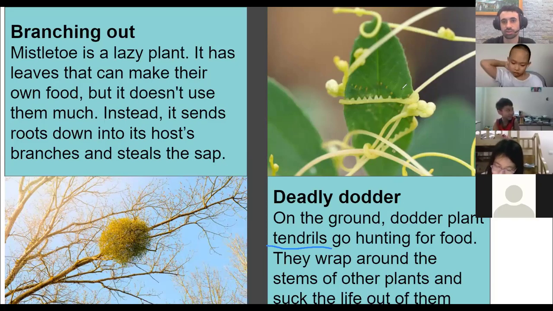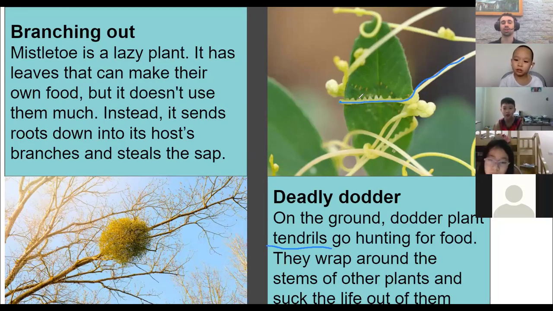Those tentacles are grabbing the leaves and they drink into their own plants. Yeah, and I like that you used the word tentacle. When I read the word tendril, I thought of tentacles. And when I see all these tentacle-looking things, I figured out these are the tendrils. Look at them.